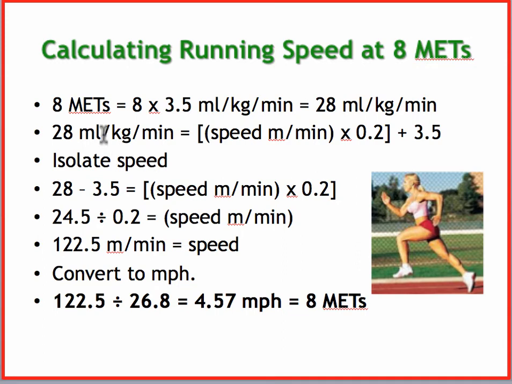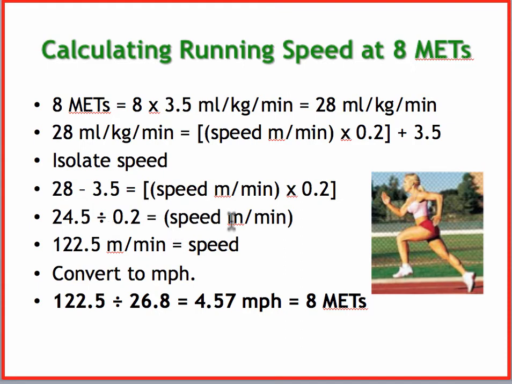So you'll take oxygen consumption, subtract the resting oxygen consumption, divide that by the cost of running each meter per minute, so mL per kilogram per minute, and you isolate the speed that the person should be running at. It turns out to be 122.5 meters per minute.